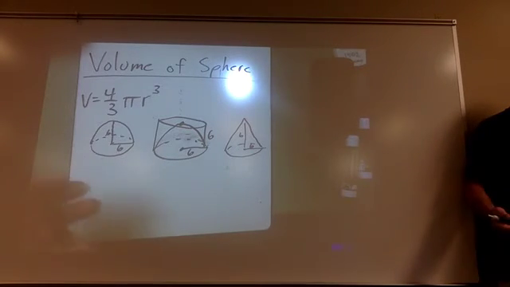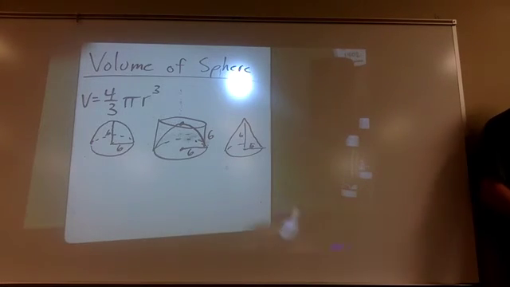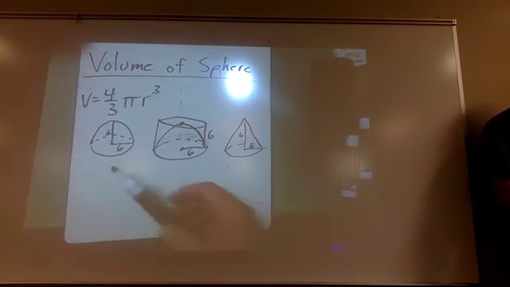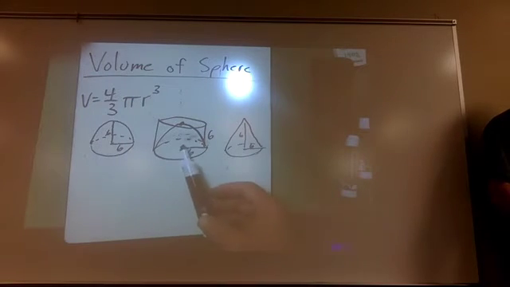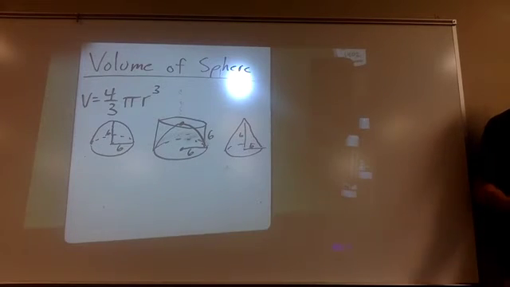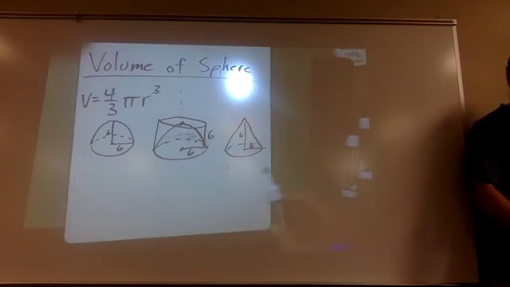So a lot of teachers or some teachers will actually get containers that are the same dimensions. A container that's like a bowl, half of a sphere, a container that's like a can, a cylinder, and a container that's like a sugar cone, an ice cream cone. And they'll all have the same dimensions. They'll all have the same radius and the same height.